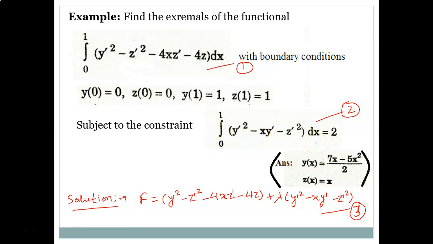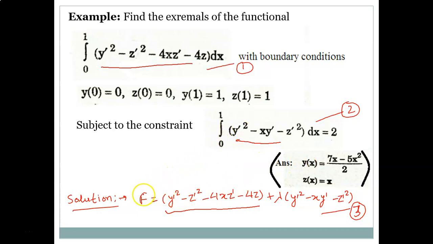In this illustrative example, I'm not going to discuss the details of the solution, which we have already discussed several times. So quickly, I'm going to give you an overview of the solution. Here, we construct the functional in this way. This is the first part, the functional given over here, and this is the second part, lambda times this one. So this is the new functional.